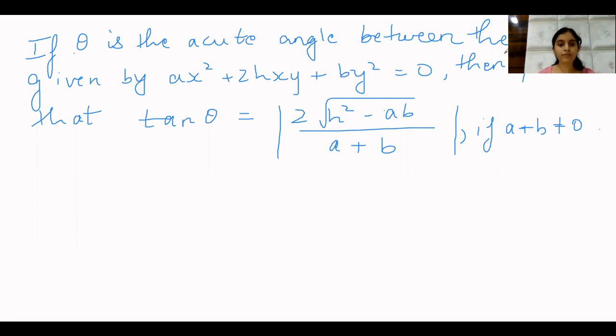So first of all, we'll try and find out the acute angle between the two lines. Then we'll try and understand this condition a plus b not equal to 0.